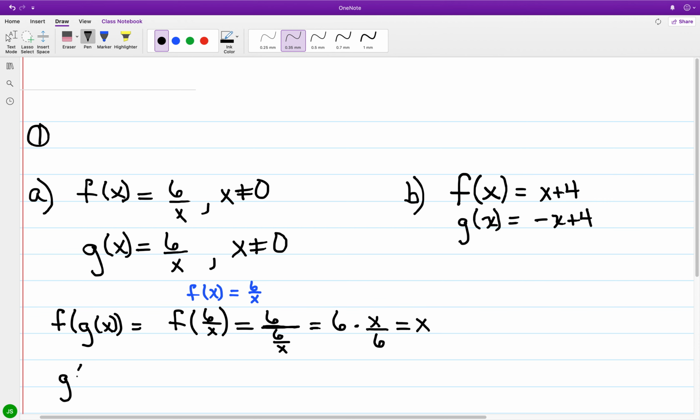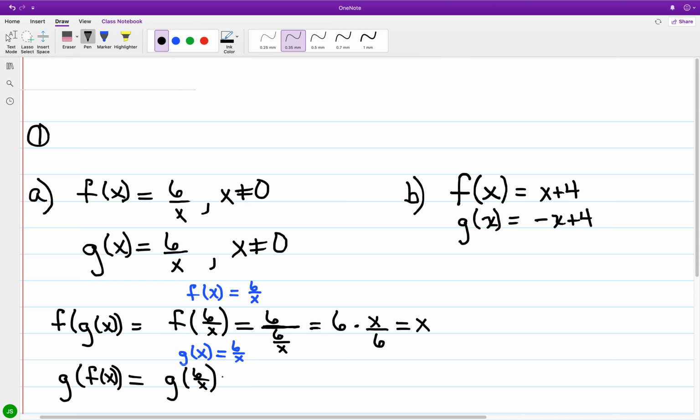And for what we have in the case of g of f of x, now we have the input function to be f of x. Again, we have 6 over x, and in terms of the follow through, we have operating in accordance with g of the input equal to 6 over the input.